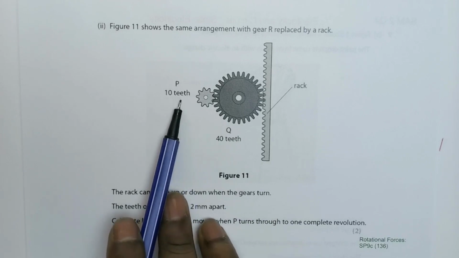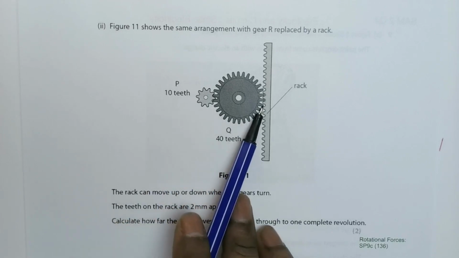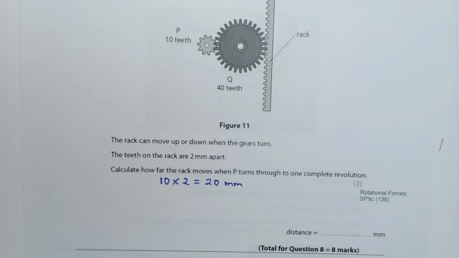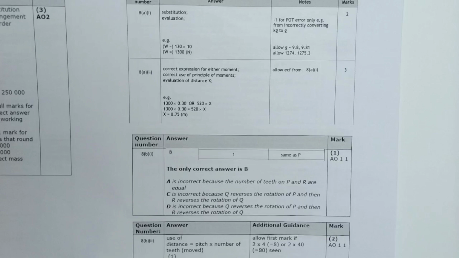When it turns one complete revolution, you would have moved 10 teeth up. So 10 times 2 is 20 millimeters. They're asking the answer in millimeters, so you don't really have to do any change.